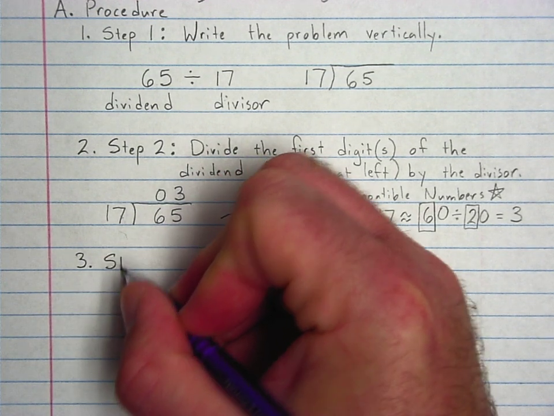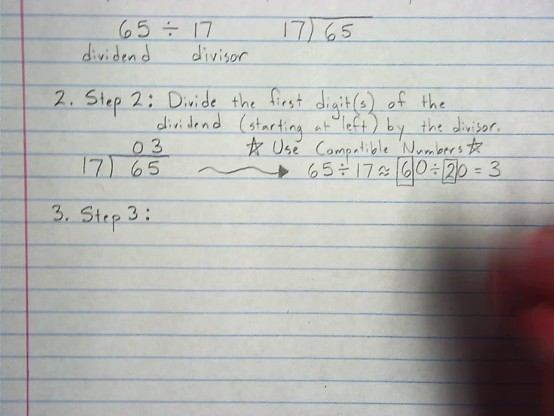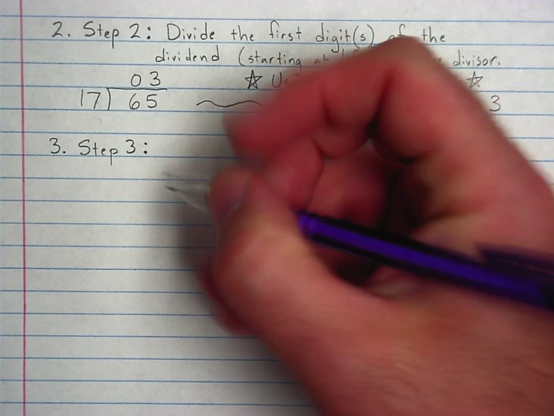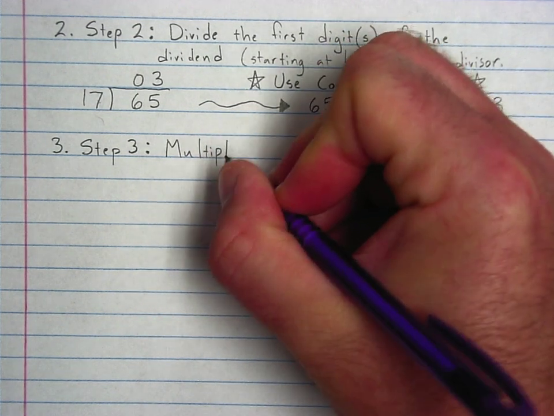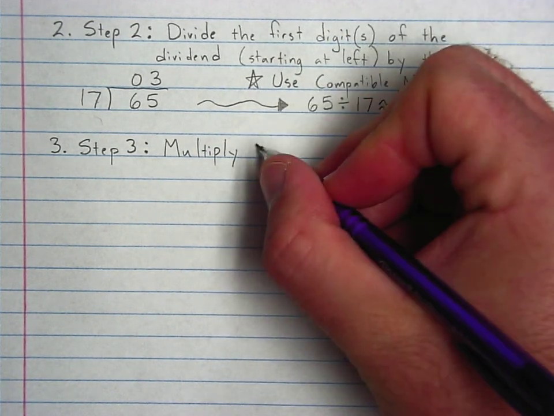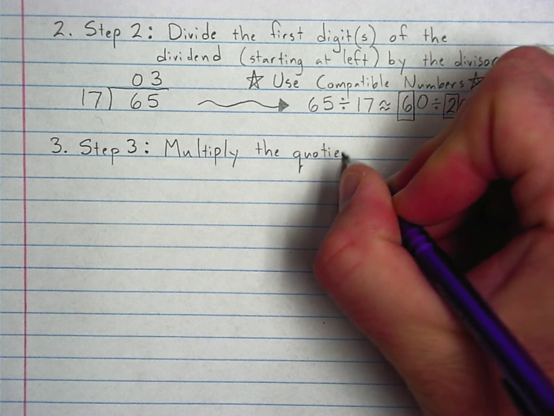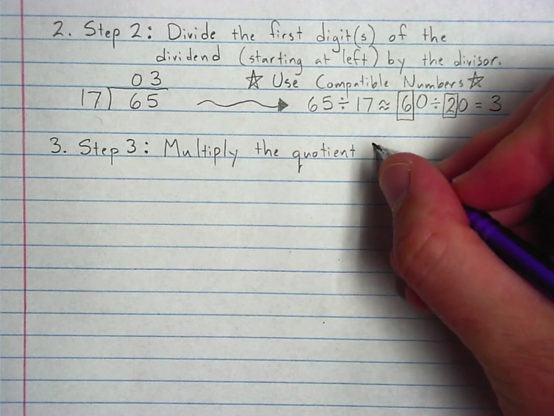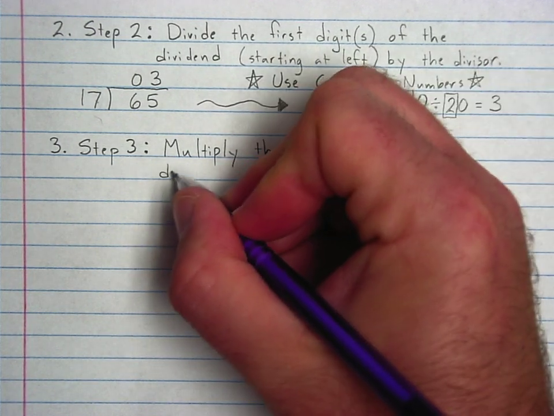Step 3. Okay. Slide this up a bit. We're going to continue with our division, just like we've done in the past. We're going to multiply the quotient times the divisor.